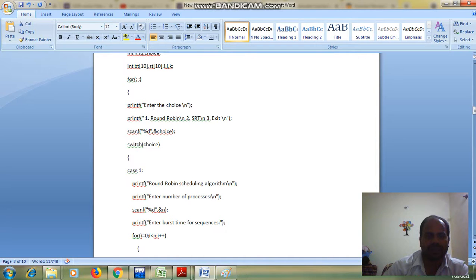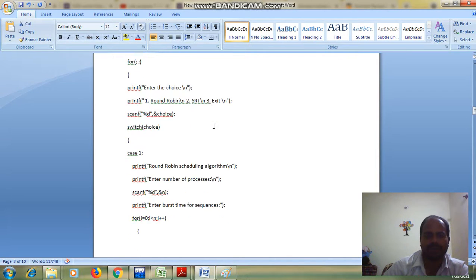First we'll print enter the choice, since there are two algorithms to discuss in this program. Then printf: first is round robin, second SRTF, and third is exit. So it's percent d for choice. We have to choose either 1, 2, or 3.